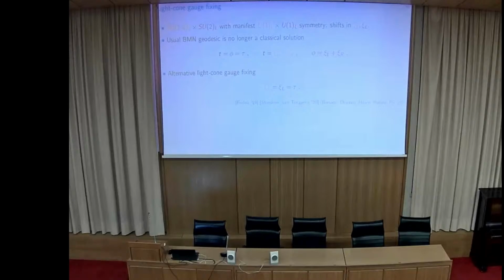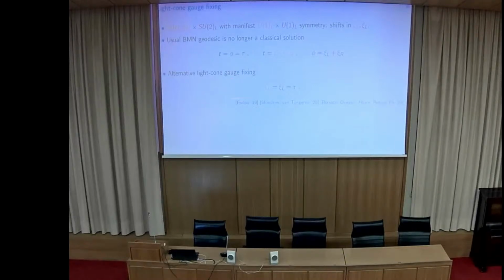So maybe a technical thing that has also been addressed yesterday is that for these deformed theories, usually the symmetries that are preserved do not allow the usual light-cone gauge fixing. So the usual BMN geodesic, which is just a point-like string propagating in time in AdS3 and along some great circle on S3, is no longer a classical solution, so we need to adapt a bit around which classical solution the theory is expanded.